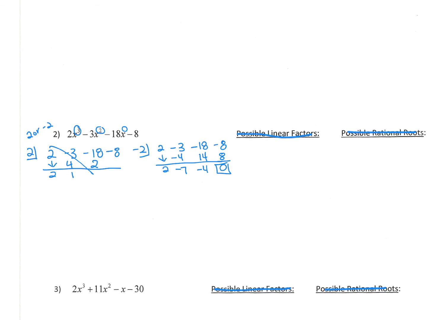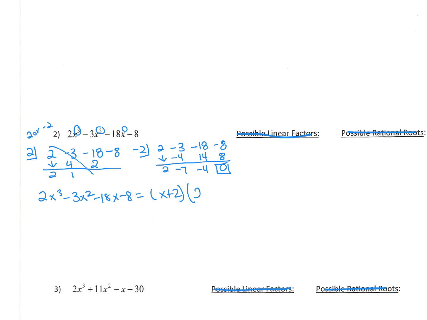x equals negative 2 is a root. That also tells me that x plus 2 is a factor. So I know that my 2x cubed minus 3x squared minus 18x minus 8 is breaking down into x plus 2 as a factor, times, now I'm going to go down a degree to x squared.